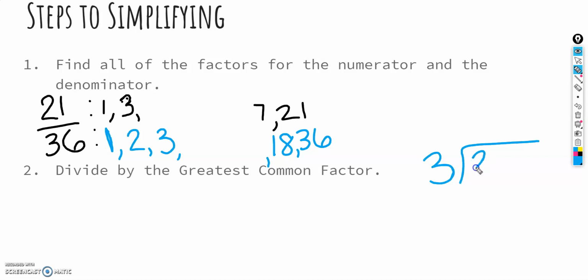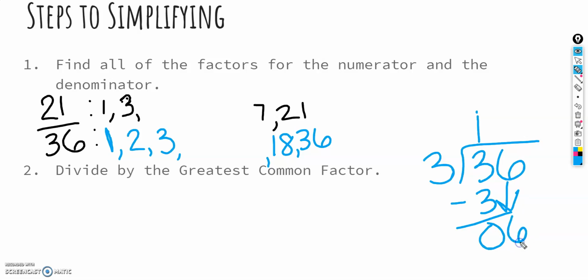You might already just know in your head. 3 goes into 3 one time, and I would hope you know, but we're going to do this just in case. And then 6 is 2. That was your 12 fact. 3 times 12.